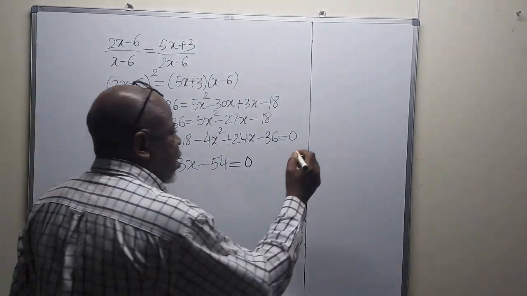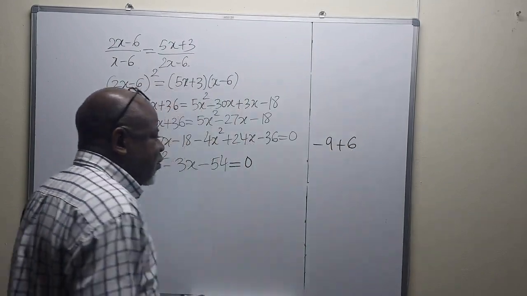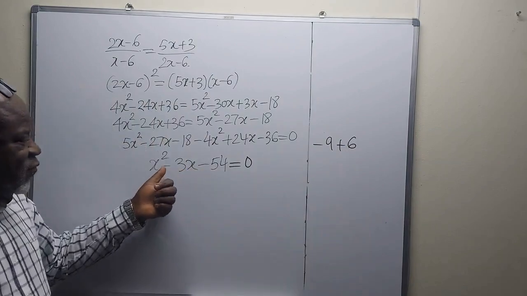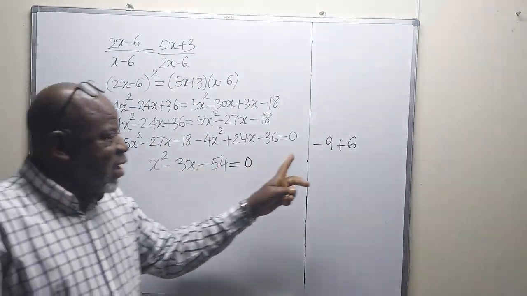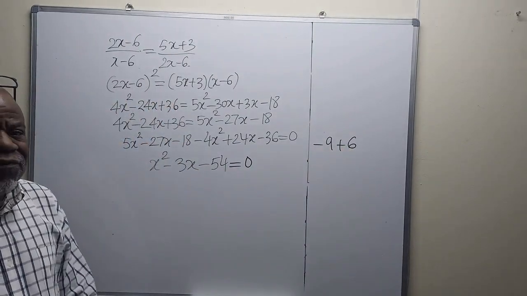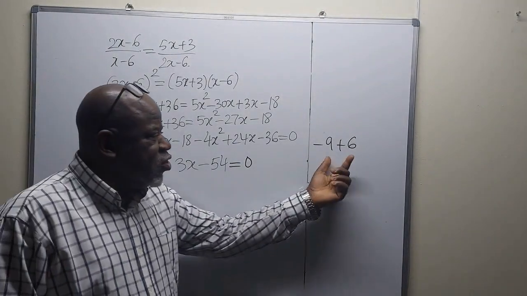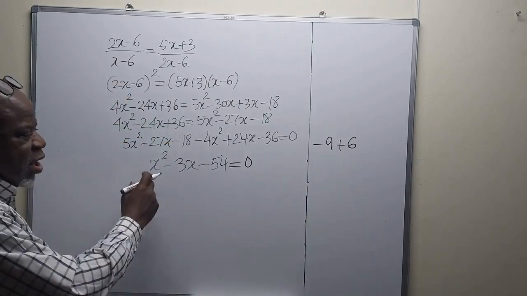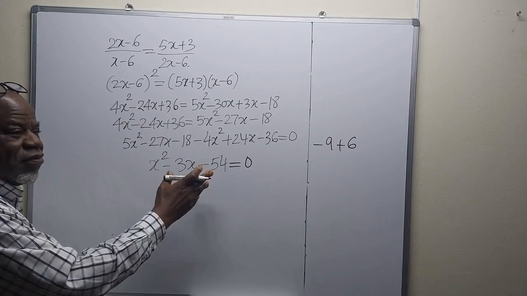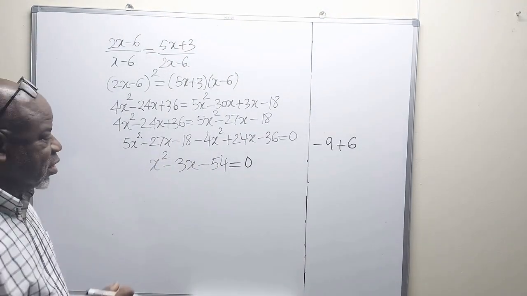These two numbers are −9 and +6: the sum is −3 and the product, −9 times 6, is −54. We need these two numbers to factorize this trinomial so we can get the values of x for the question.